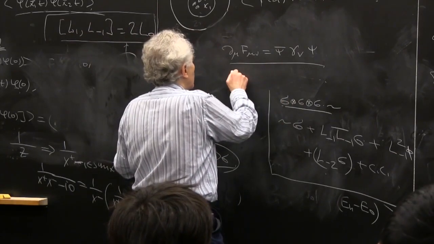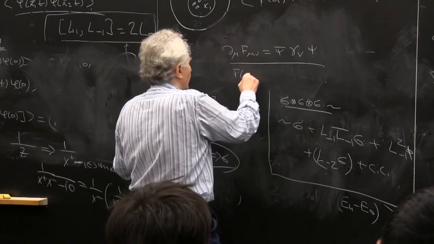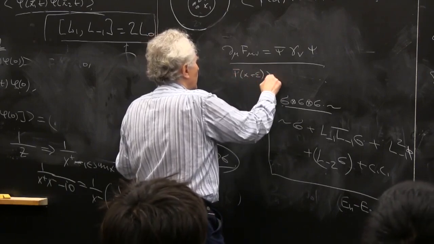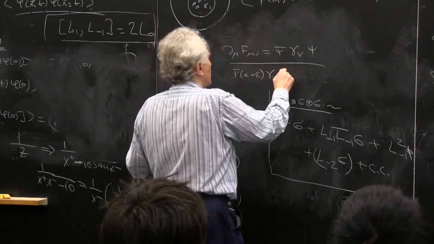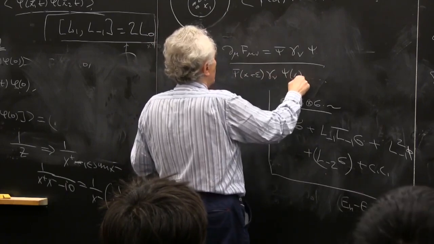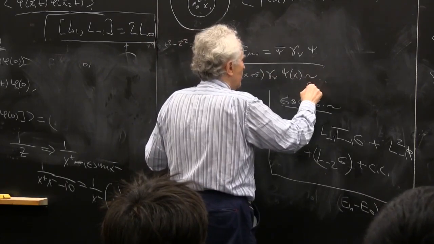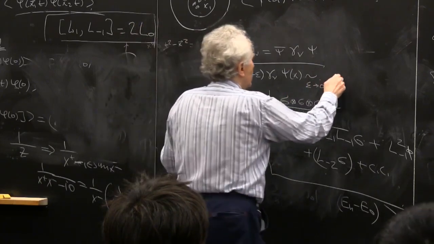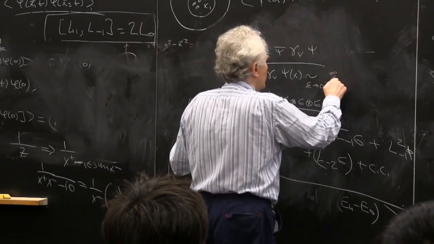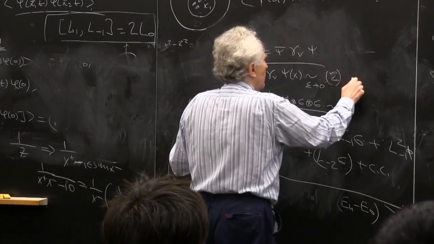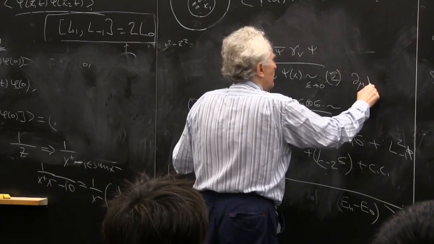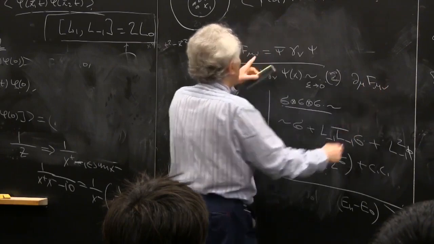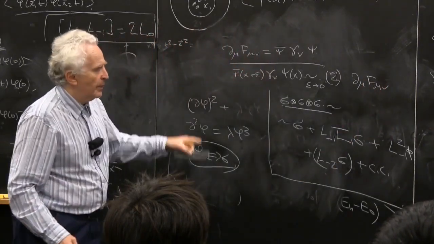So in fact, it should be understood in the following way: when you take this operator product expansion, the most singular term, as epsilon goes to 0, will be epsilon to some power multiplied by d mu F mu nu. That's what this equation of motion is.